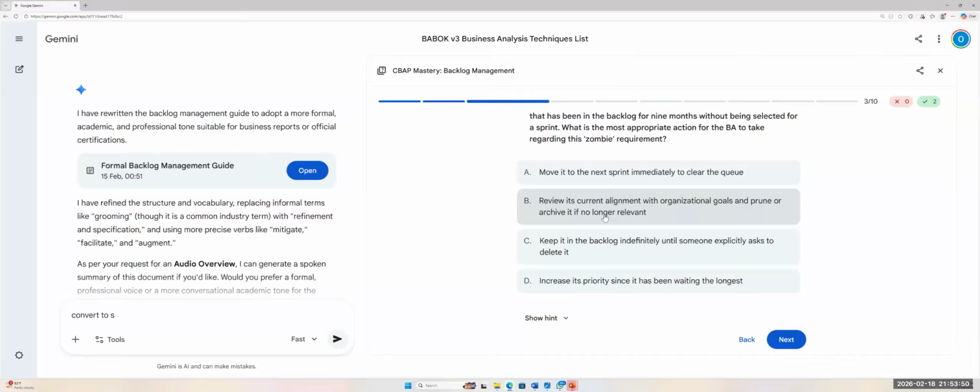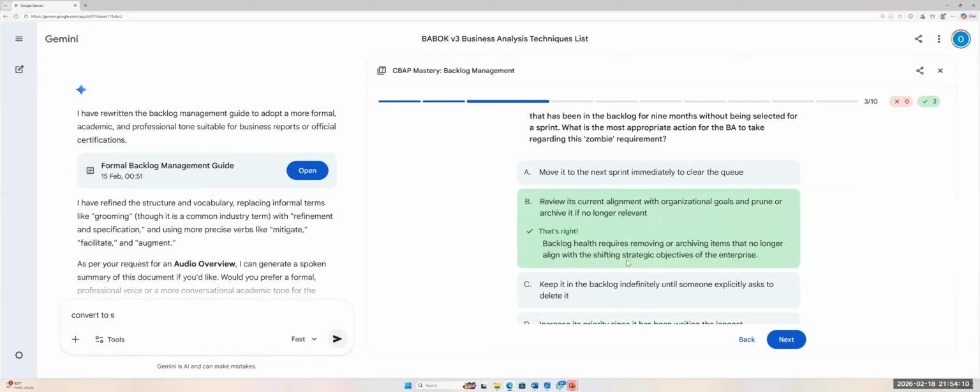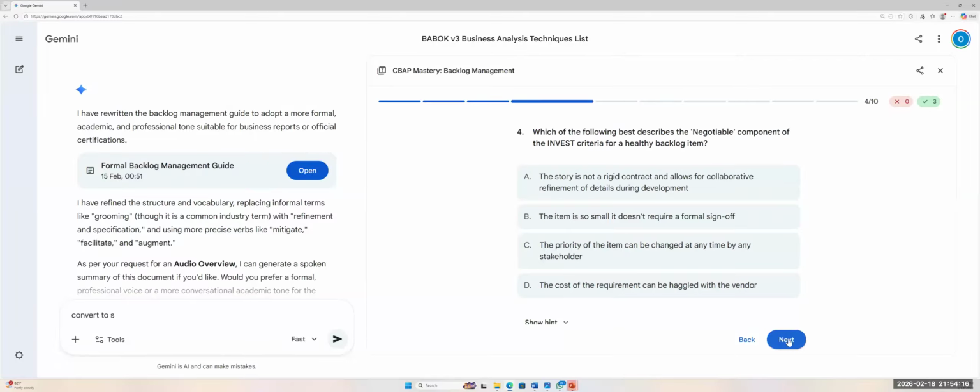So we have to make sure that the requirement still aligns with organizational strategy, right? To say that okay, we are going towards biometrics login, biometrics validation, and what have you. So it is very important to review it against your organizational goal, prune it, and archive it if it's no longer relevant, right? We talk about backlog health.